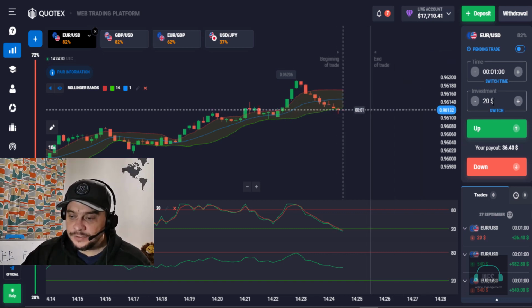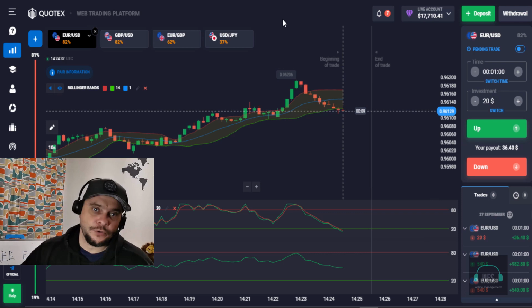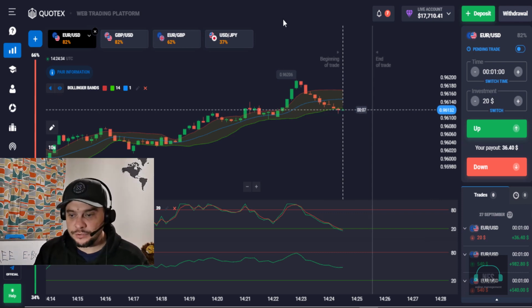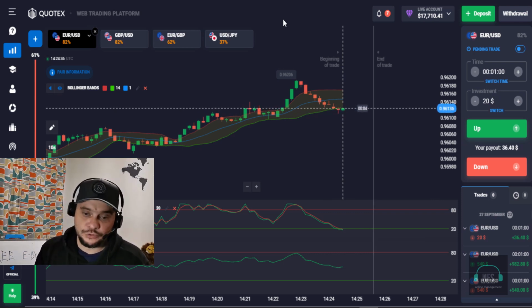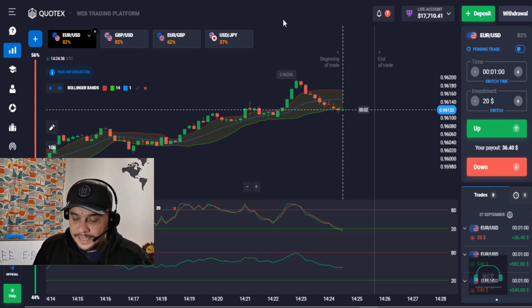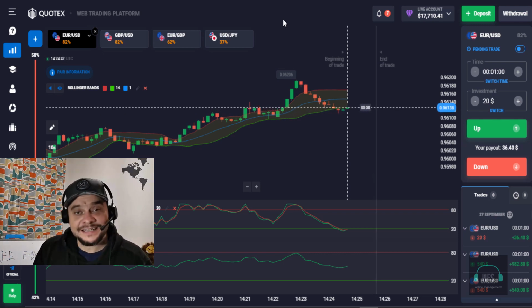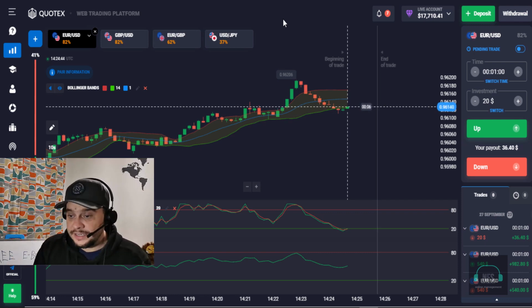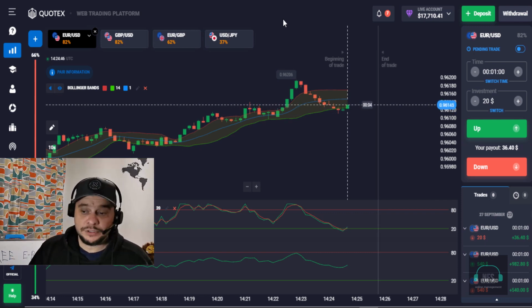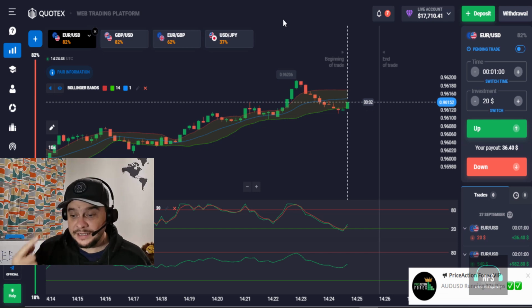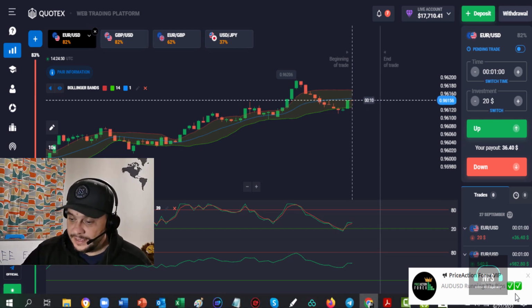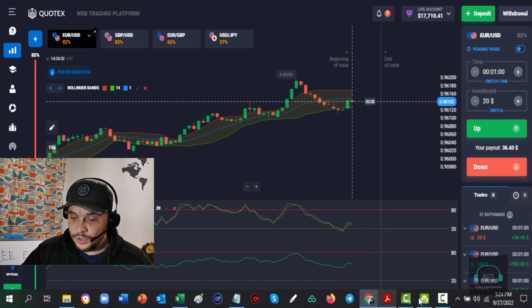I'm starting trading with $20 for you on a smaller account. If you're using a small account, I told you that in my opinion the minimum required balance is $250. So if you are trading with $250, you can start with $2 or only $1 per trade, not less than $1 per trade.